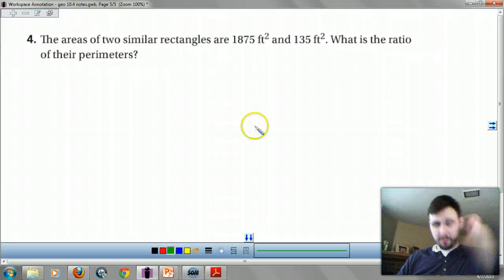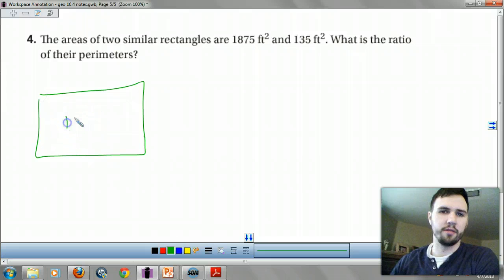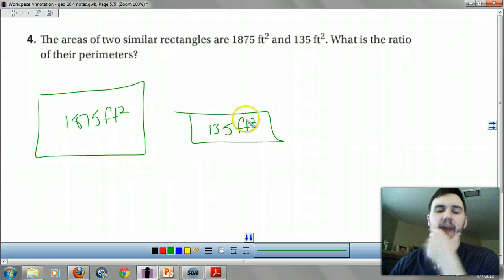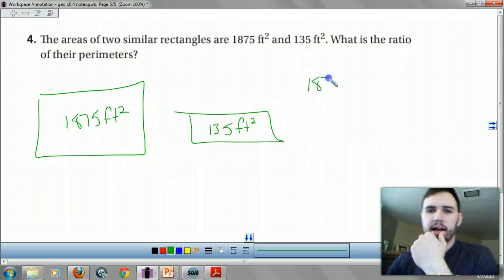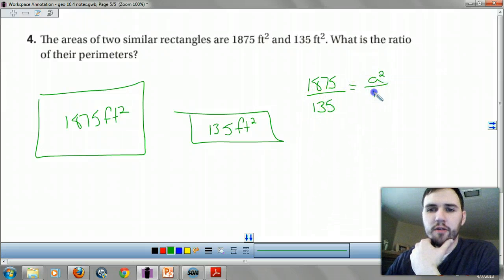This one, you have two rectangles, this guy and this little guy, and they're similar. Okay. I know the ratio of my areas is this, right? And that equals a squared over b squared.